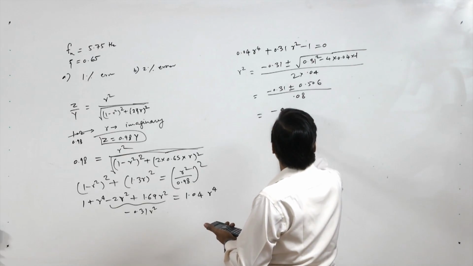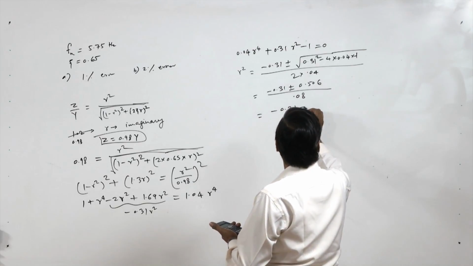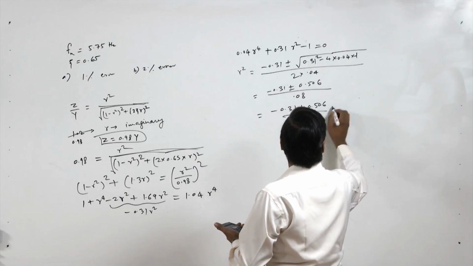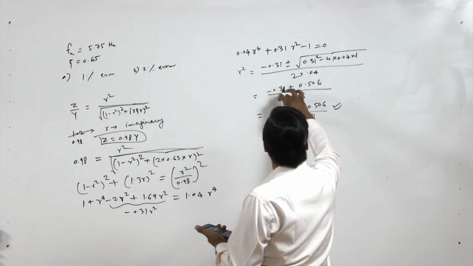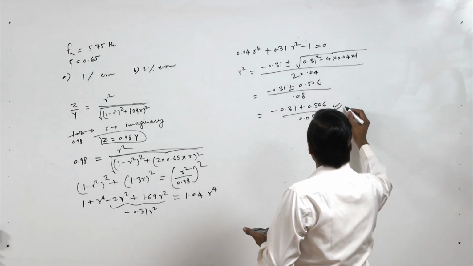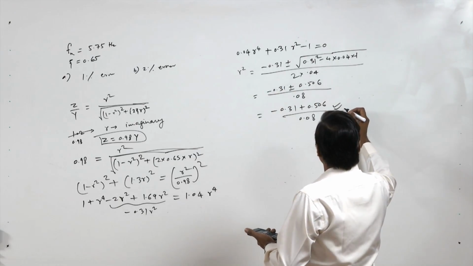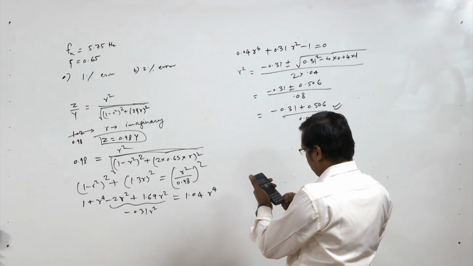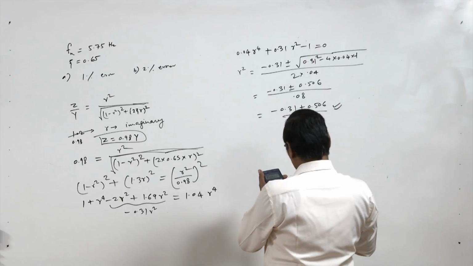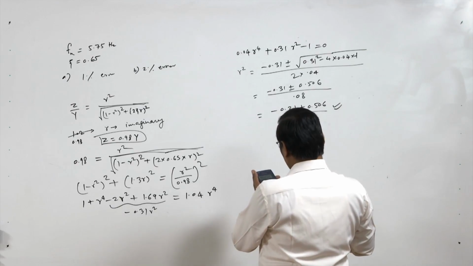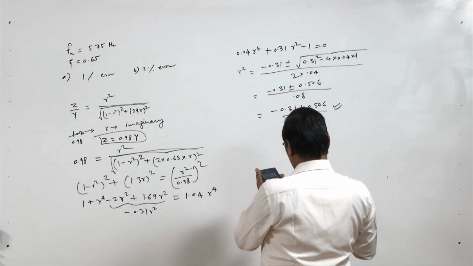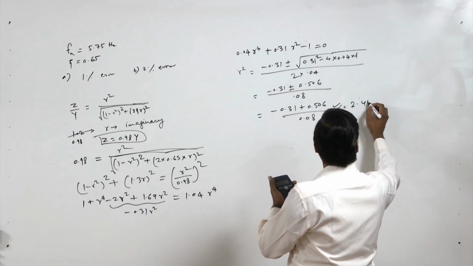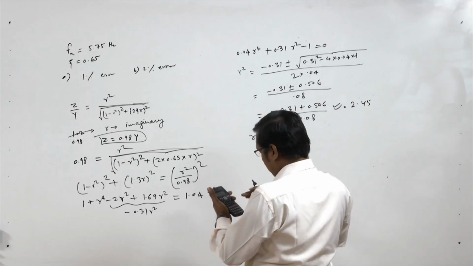So we get 0.31 plus 0.506 by 0.08. This is the only valid one, because if we take the minus sign it is negative, and we will get imaginary again. So it is 2.45, and so R equals 1.56.